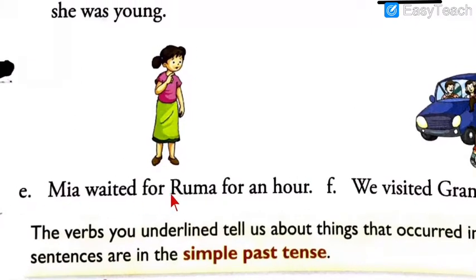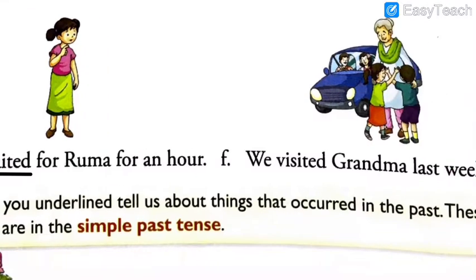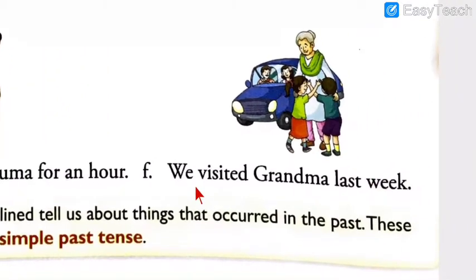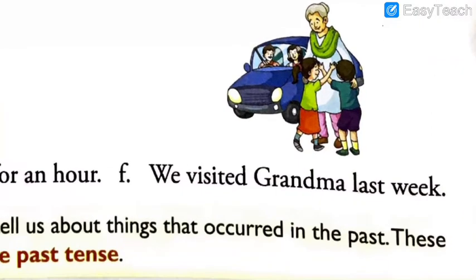Mia waited for Ruma for an hour. What did Mia do? She waited. And the last is, we visited grandma last week. What did we do? Visited.